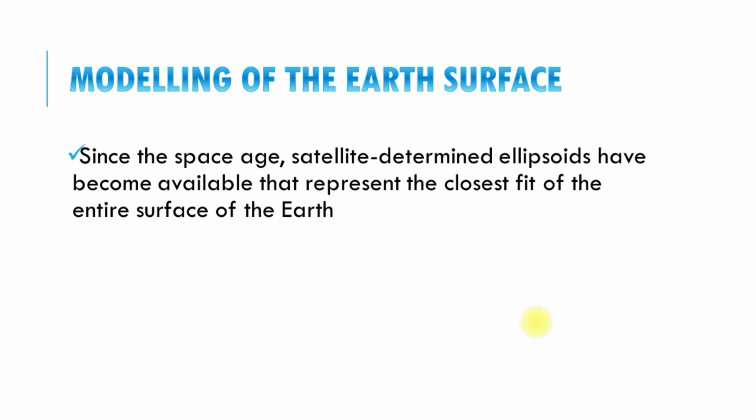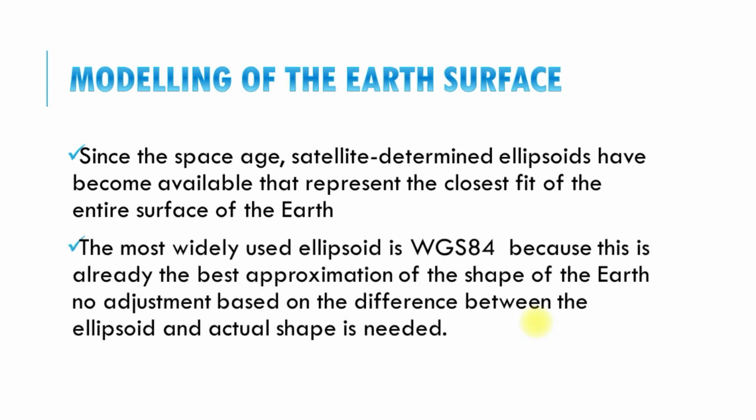Since the space age, satellite-determined ellipsoids have become available that represent the closest fit to the entire Earth's surface. The most widely used ellipsoid is WGS 84 because this is already the best approximation of the shape of the Earth. No adjustment based on the difference between the ellipsoid and actual shape is needed. So WGS 84 is mostly used for global types of projections.